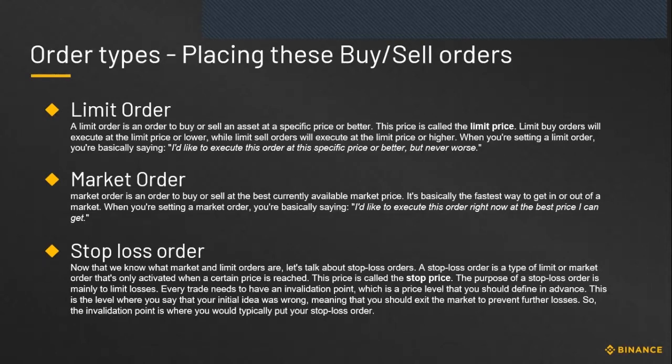Otherwise the market gets to 7 million while you are sleeping, you don't know what is happening, you wake up and the market has gone bad. So instead of that, the stop loss order will help you to prevent these losses. Okay, all right.